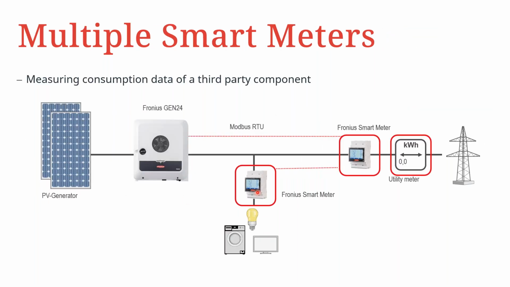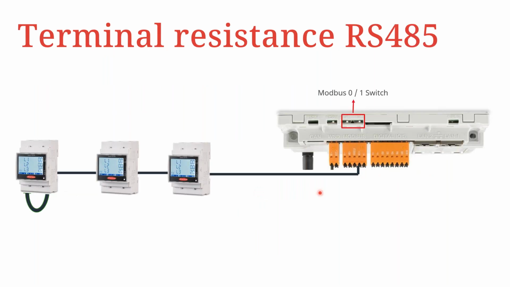What is important in terms of how you do the connection of the smart meters, regardless of how many there are, is that you do need to activate the terminal resistance for the Modbus communication. This requires that the first and the last devices on that Modbus communication loop are terminated with this terminal resistance.